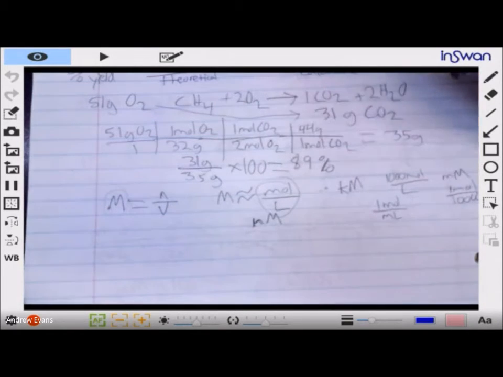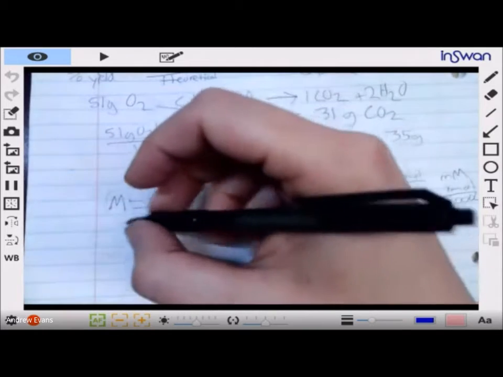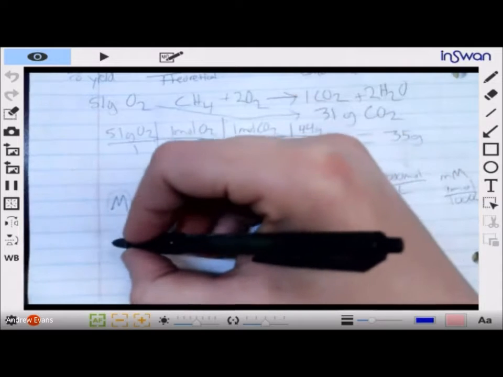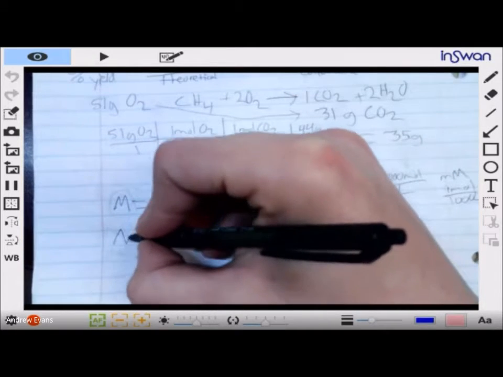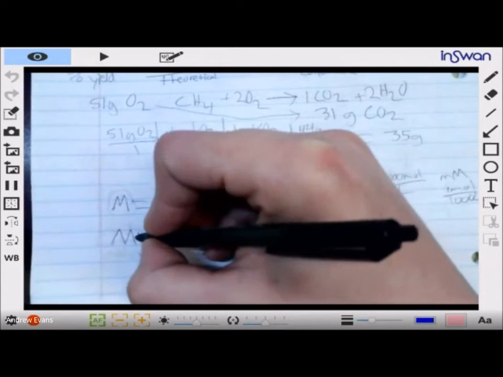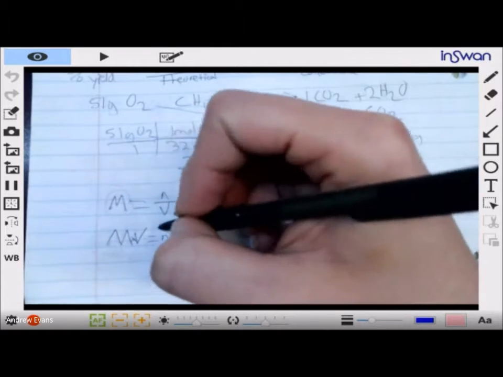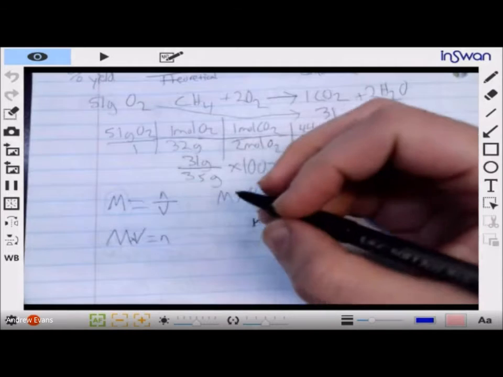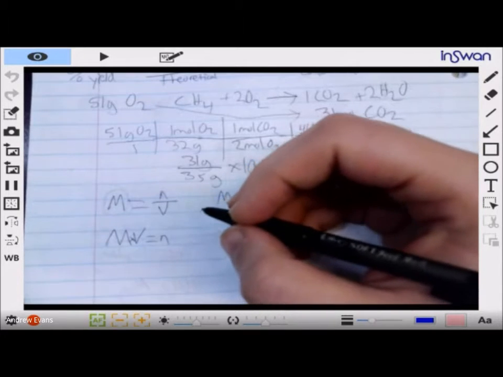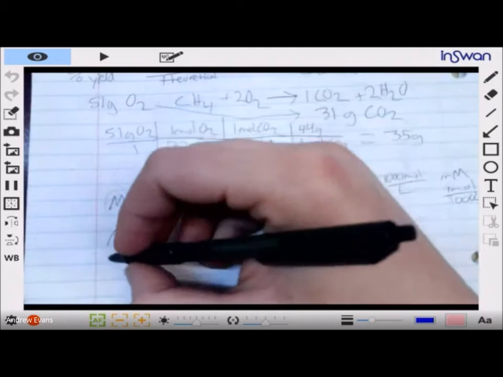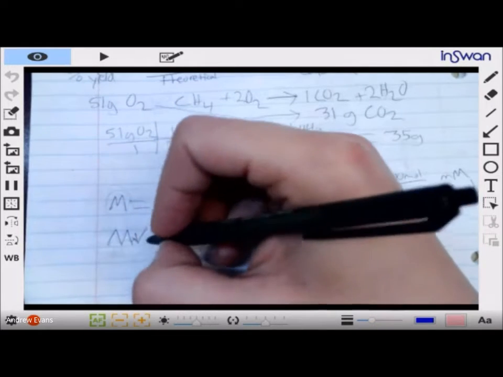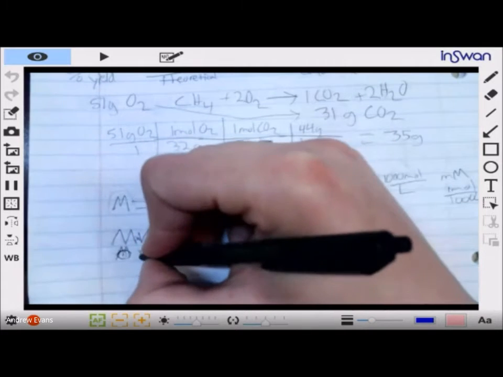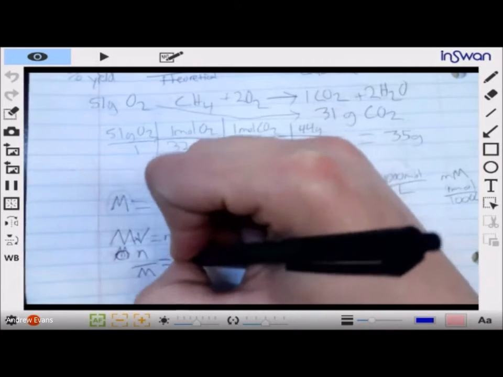So how do we calculate this? If you're just given moles and volume, you can easily calculate this. But you can rearrange this equation as always. Molarity times volume will give you moles, and moles over molarity would give you your volume.